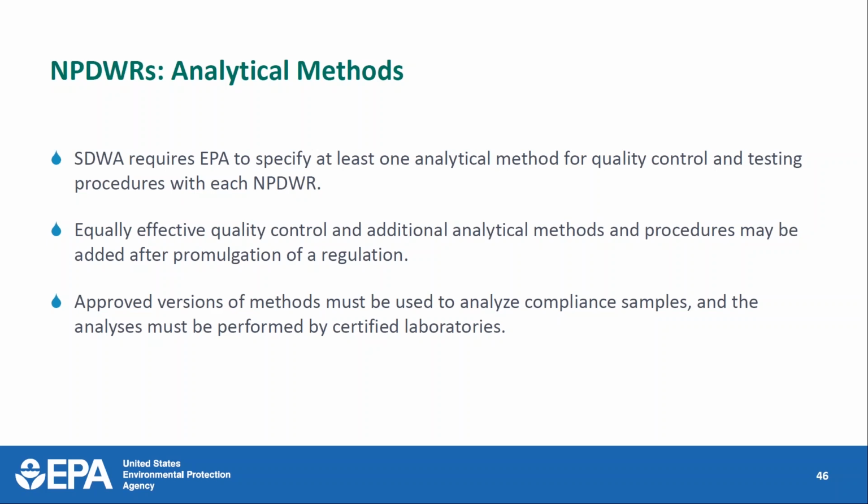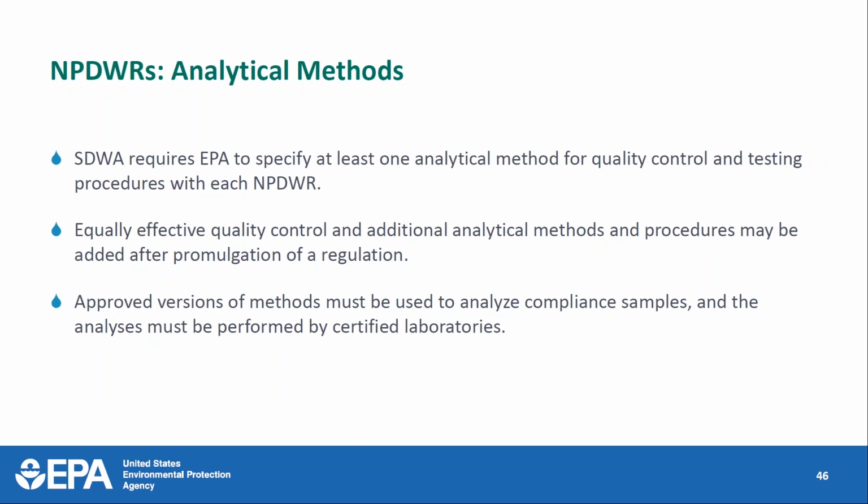But once we have at least one method, if there are more available, we'll approve those and give laboratories and water systems more options for how they might want to have their analysis performed. In doing this, you can rest assured that we determine through our processes that the additional methods we approved are considered equally effective. They're pretty equivalent with one another. We don't want to get in a situation where we have methods that are straying wildly from one another, because then that calls into question some of the data that we would generate.